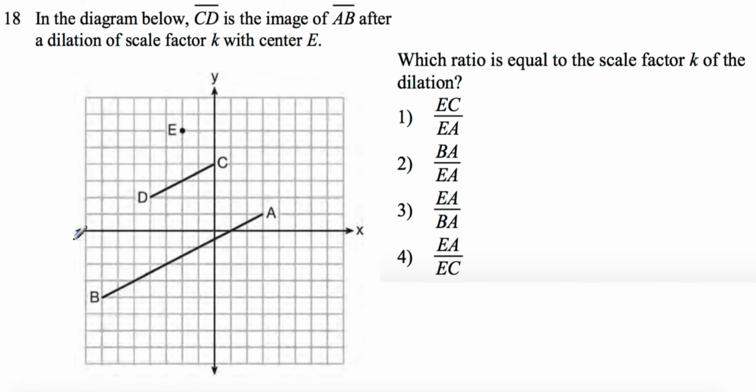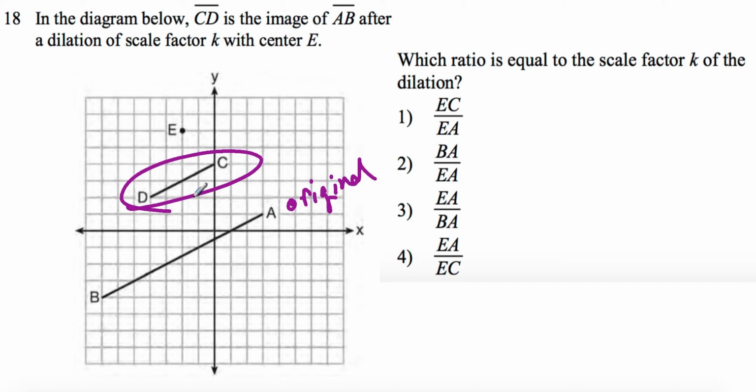Number 18. So notice that CD is the image of AB, so AB is the original. And our image became smaller, so therefore our ratio has to reflect it as well, meaning the ratio has to be less than 1.